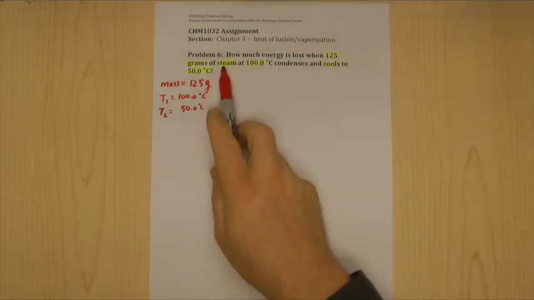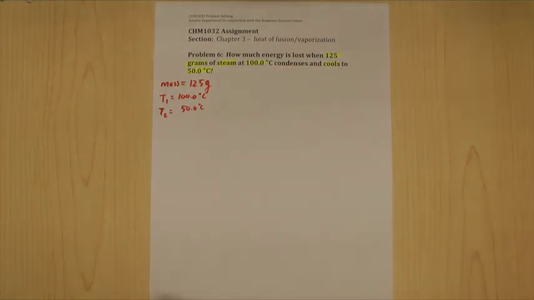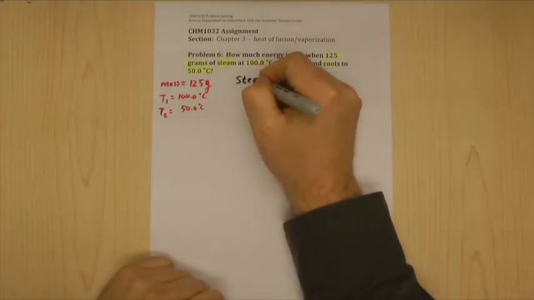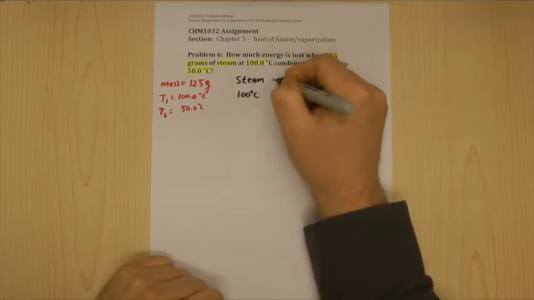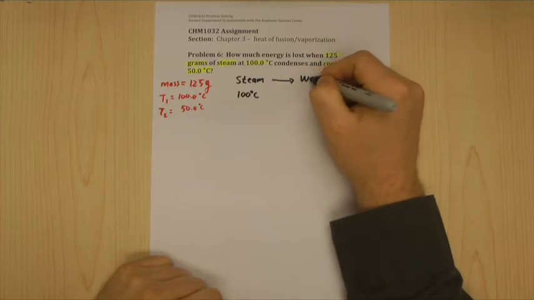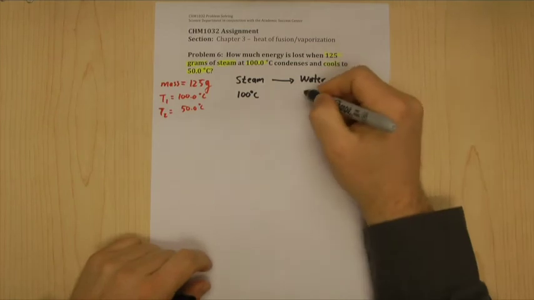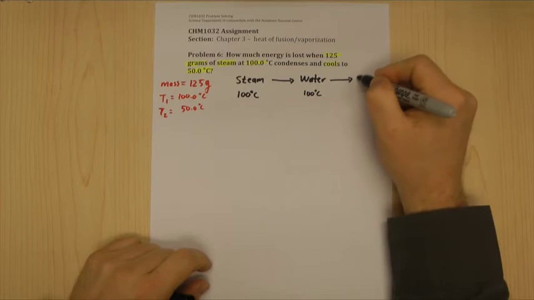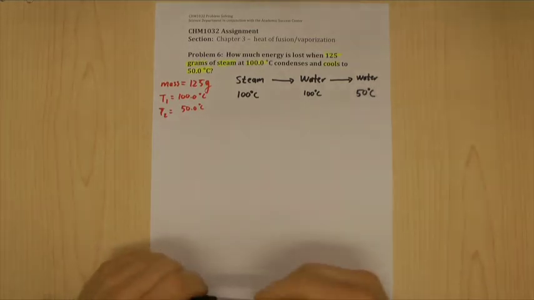We have a steam that's condensing. We have steam at 100 degrees Celsius that is going to become liquid water at 100 degrees Celsius, and then that water is going to cool to water at 50 degrees Celsius.